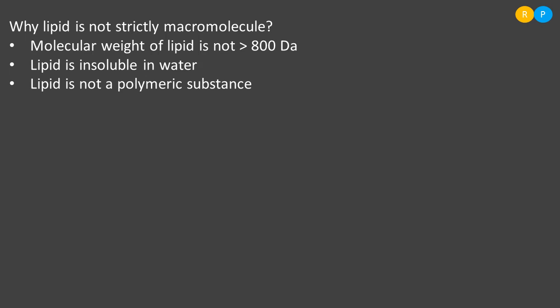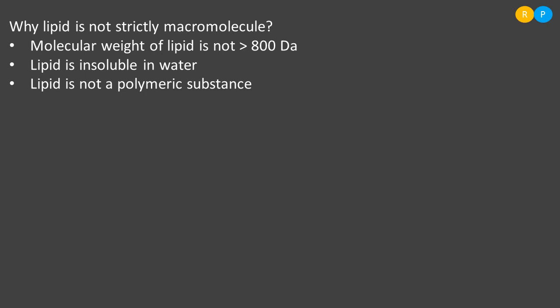Polymers are substances made out of a number of monomers. Right? The best example is carbohydrate. Carbohydrate is a polymer made out of monomers, that means many glucose. Glucose is a monomer that forms a carbohydrate. Many monomers join with one another and form a polymeric substance.